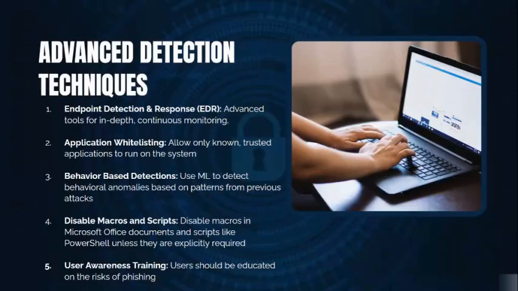They provide detailed visibility into what is happening on endpoints and help identify malicious actions that traditional antivirus might miss, especially for stealthy fileless malware that doesn't leave files behind. And of course, integrating your detection system with a SIEM platform helps collect, analyze, and act on data from across your network. So this is the advanced technique.